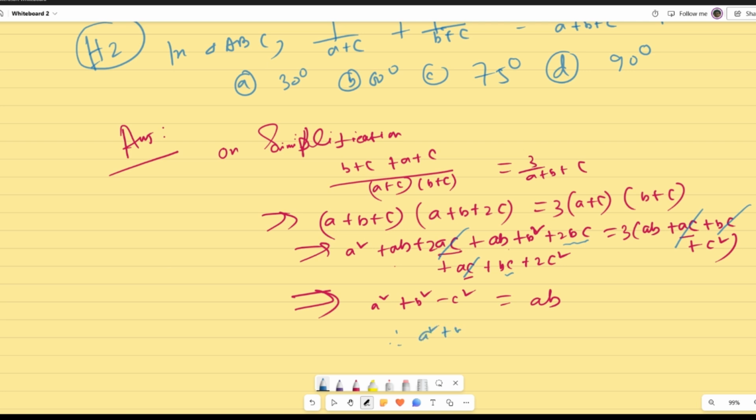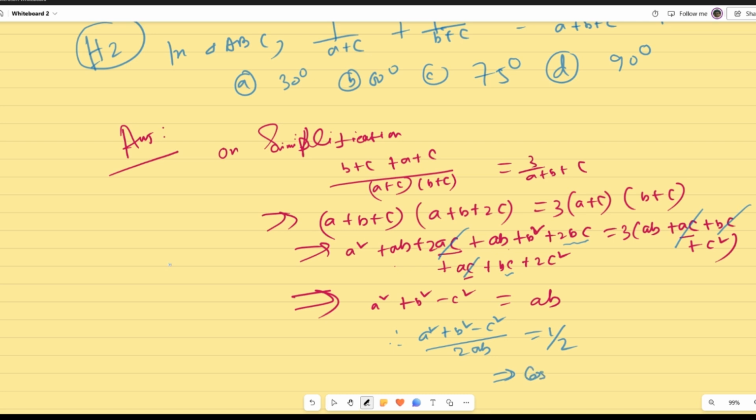Therefore, A square plus B square minus C square divided by AB equal to 1 by 2. What do you observe there? A square plus B square minus C square by 2AB is what?